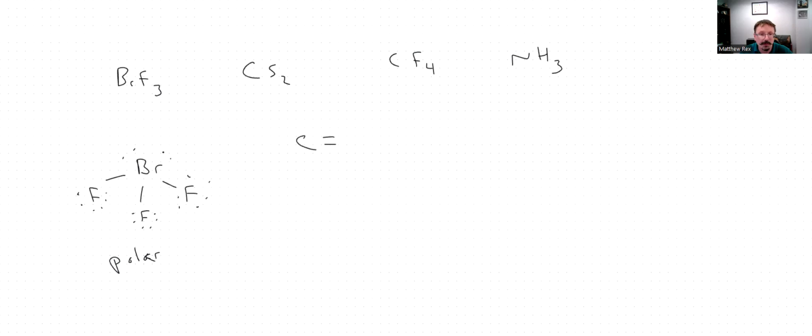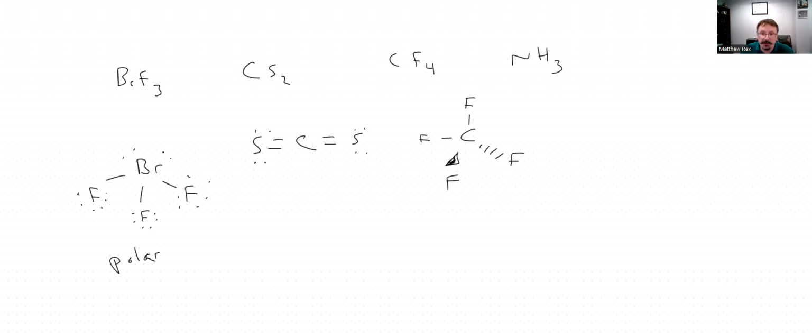CS2, it's going to look similar to CO2. It's going to have linear geometry. The sulfurs are going to be more electronegative, but there won't be any overall polarity to that molecule. And the CF4 is the same way, where the fluorines are more electronegative, but this is tetrahedral.